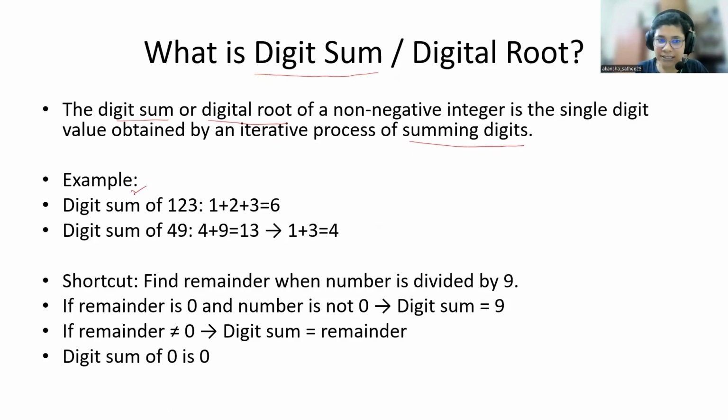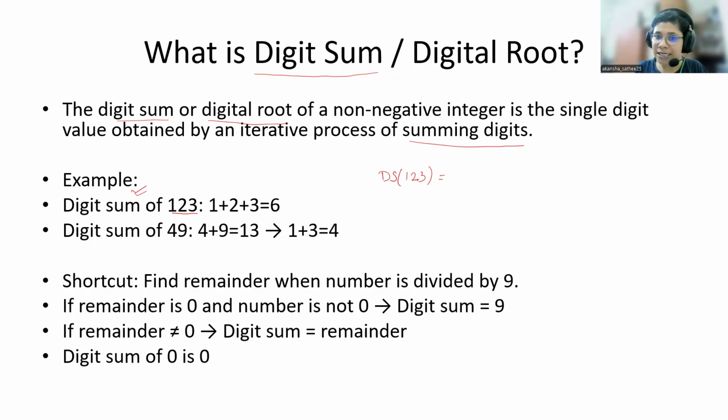Let's see one or two examples so that the concept would be clear. So digit sum of 123. In short form, we generally write digit sum as DS. So DS of 123 is simply the sum of the digits.